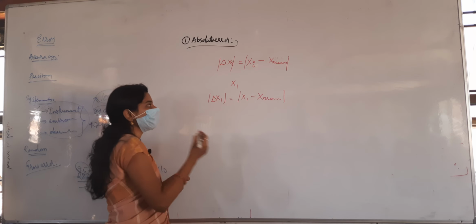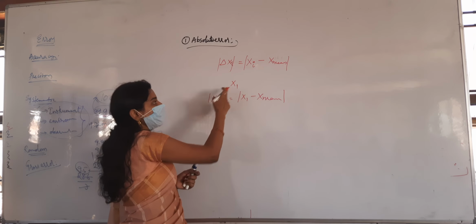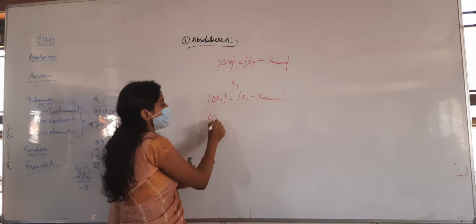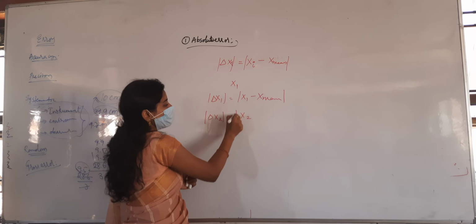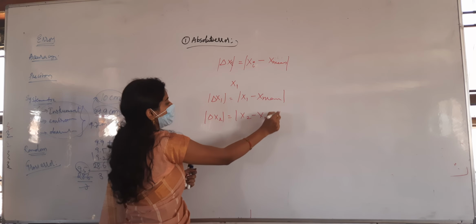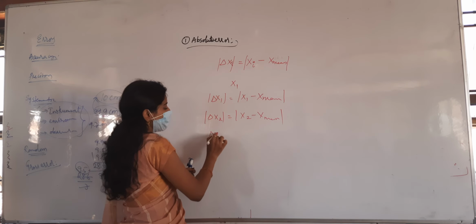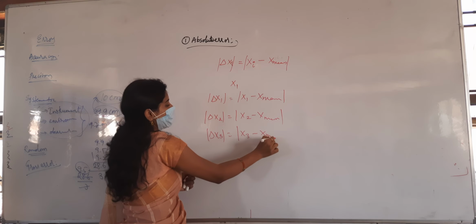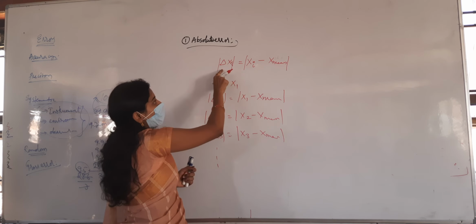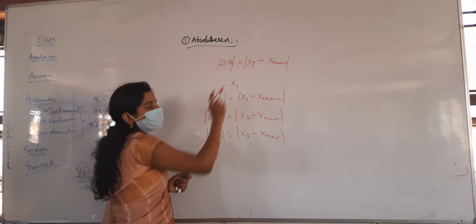Whenever I do the experiment for the second time, I got the reading as x2. At that time the absolute error is modulus of delta x2 is equal to x2 minus x mean. Then for the third time, delta x3 is equal to x3 minus x mean. Like that, for the ith observation, xi minus x mean.